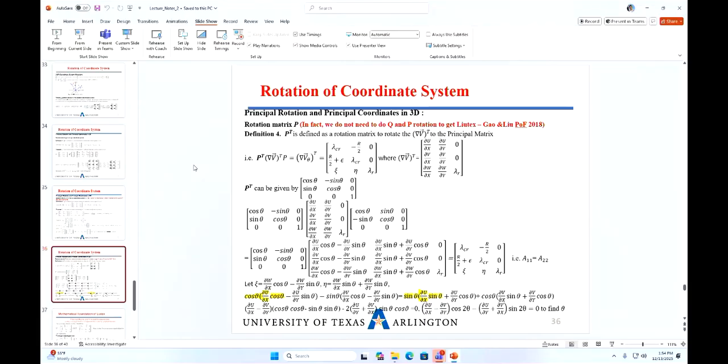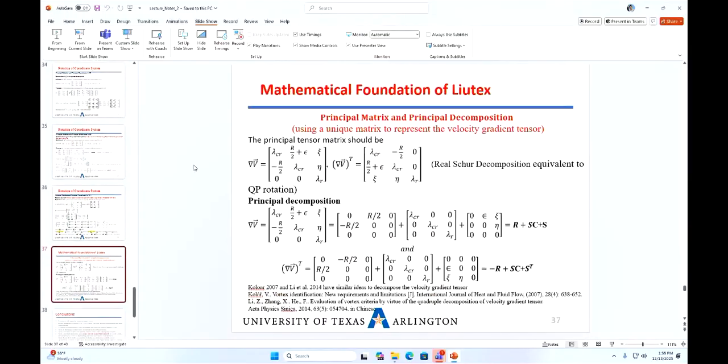I prefer to skip or jump. Anyway, we can use a rotation matrix to rotate the original small x, small y, small z to capital X, capital Y, capital Z. Capital Z is nothing else. It's a matrix. I want to jump that, as this takes time.